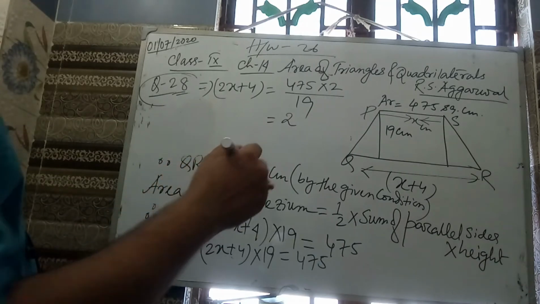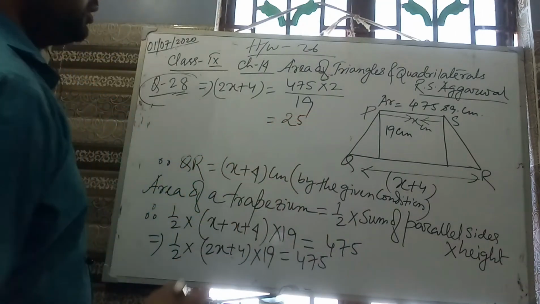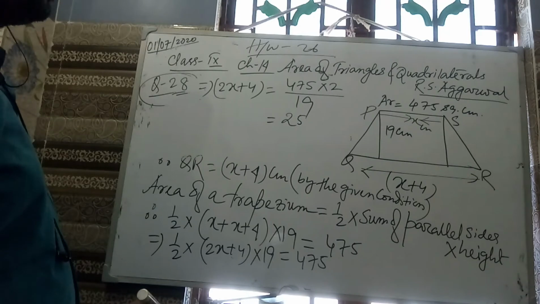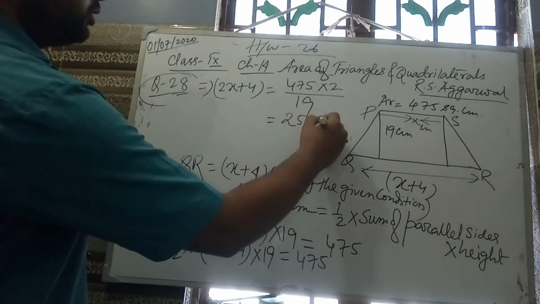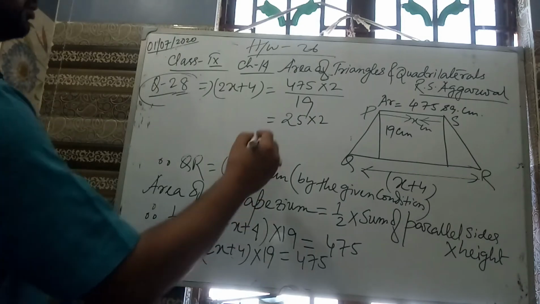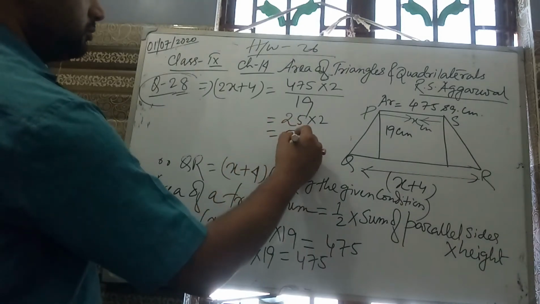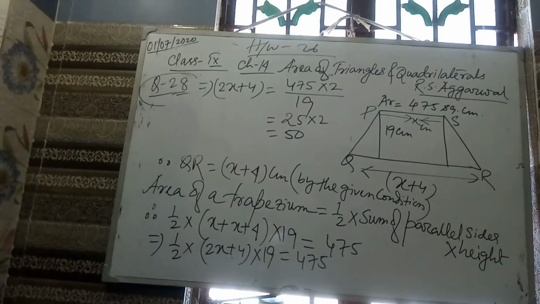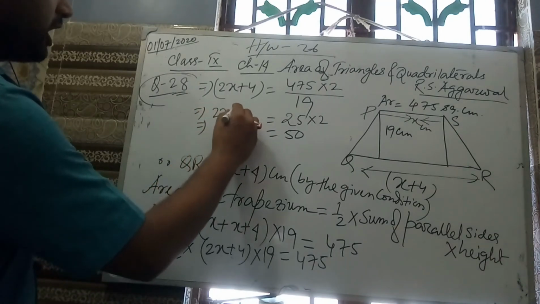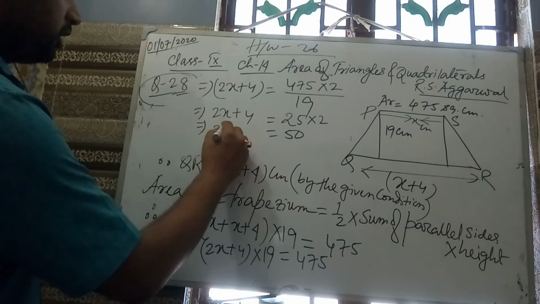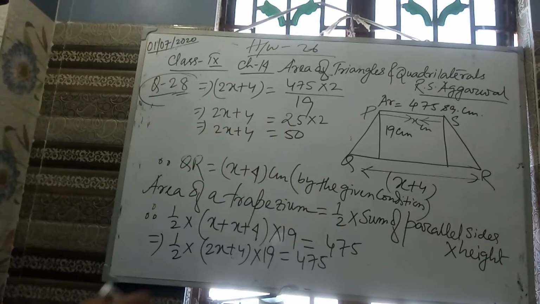Okay. So 5 into 2 is 10, that is 50. That implies 2x plus 4 equals 50.